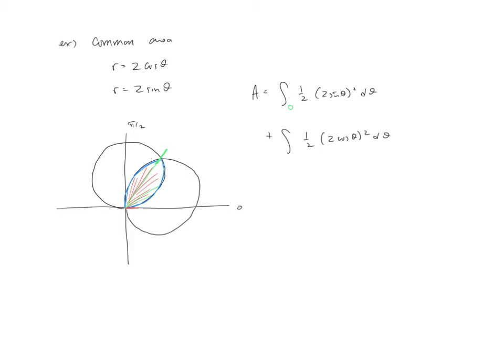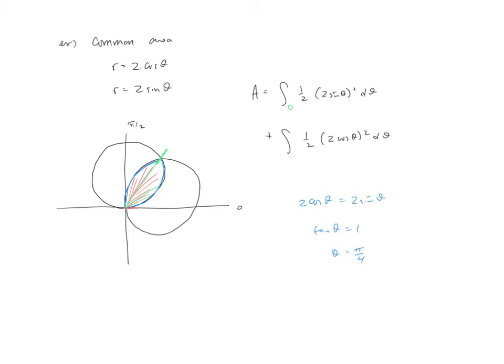And so let's go ahead and study now where that point of intersection is going to be. So to find the point of intersection, we're going to take the two things and set them equal to one another. So 2 cosine theta equals 2 sine theta, which says tangent of theta equals 1, which says theta equals pi over 4.